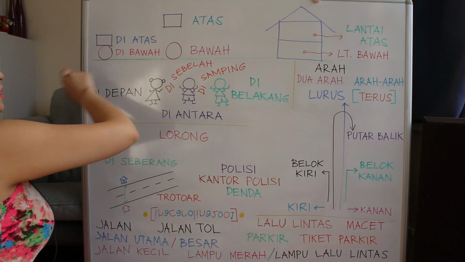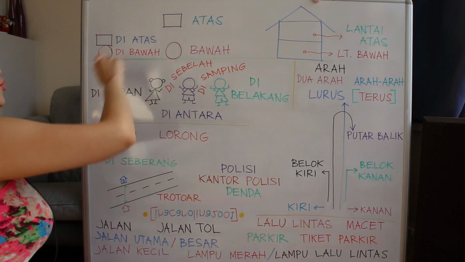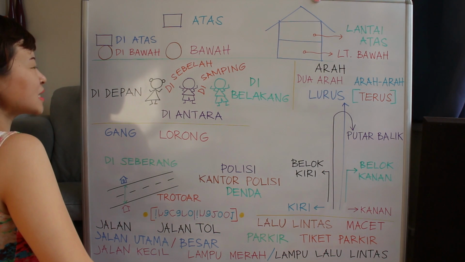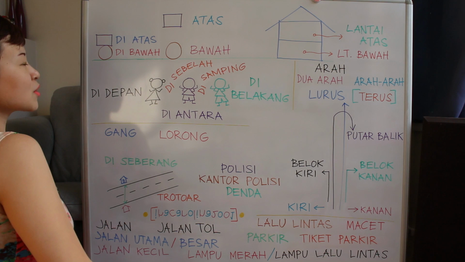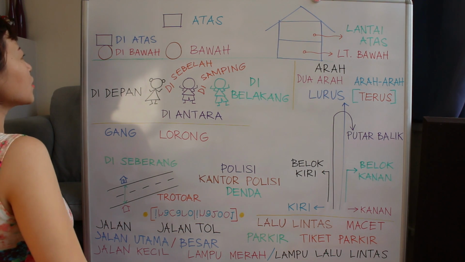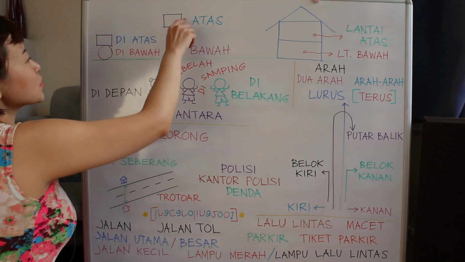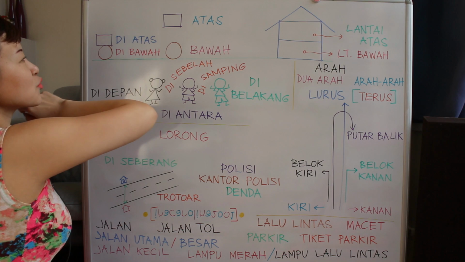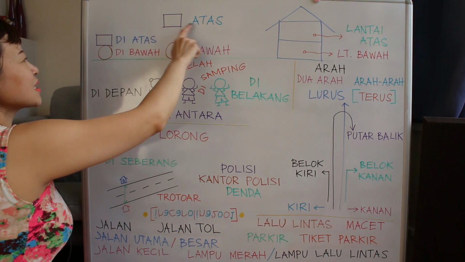Top, under, above, below. In Indonesian language, or Bahasa Indonesia, we don't have different words for top and above. We use the same word, which is atas, for top and for above.